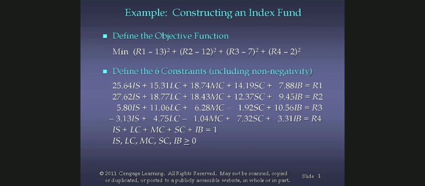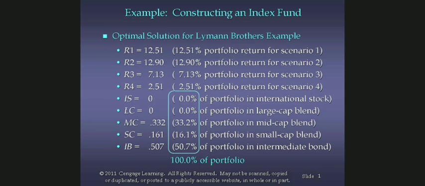So the complete mathematical model that was developed involves 9 variables and 6 constraints, including the non-negativity constraints. This minimization problem is nonlinear because of the quadratic terms that appear in the objective function.